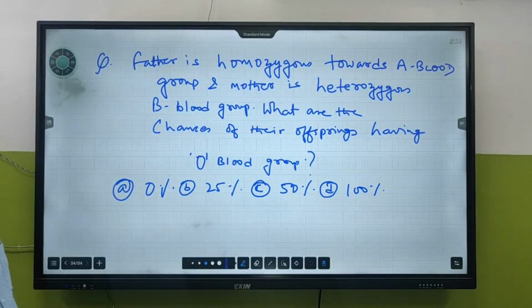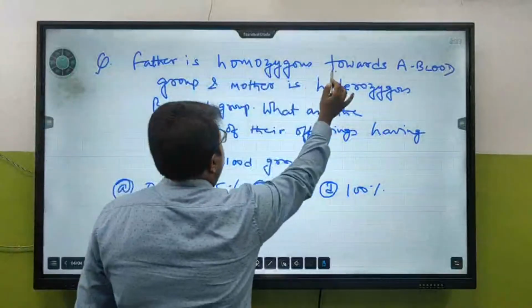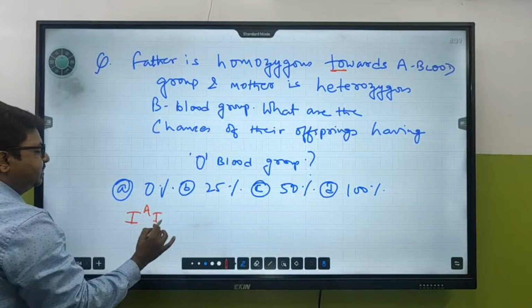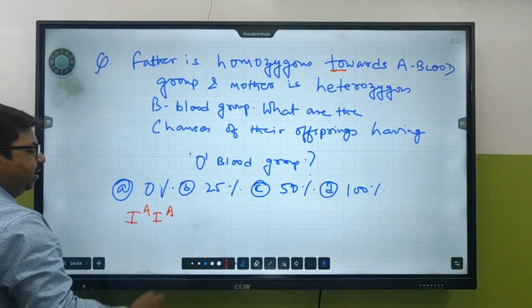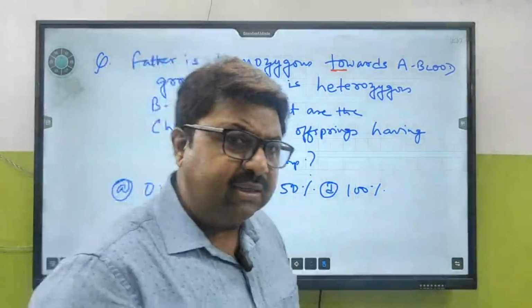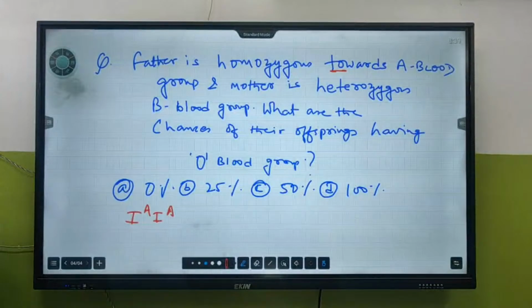Good, very good. 0%. How? When they are saying father is homozygous A, homozygous A means IA IA. When both the alleles are similar, we call them homozygous.